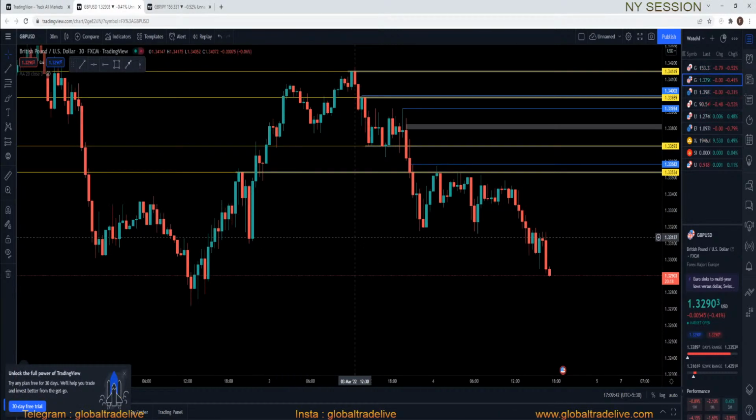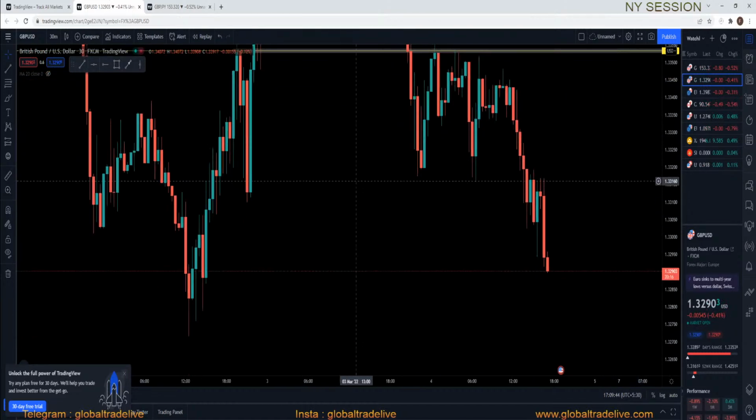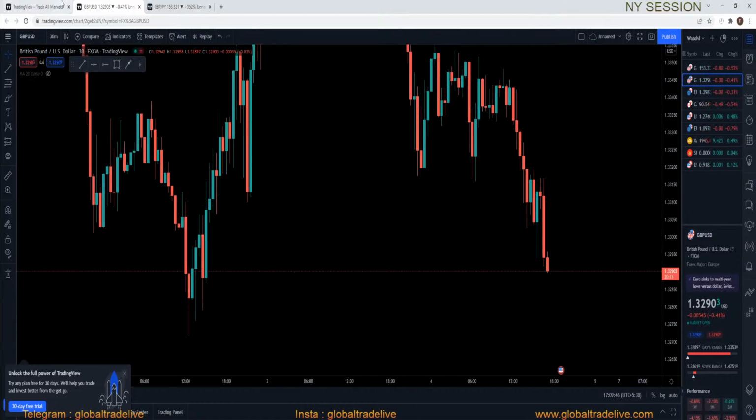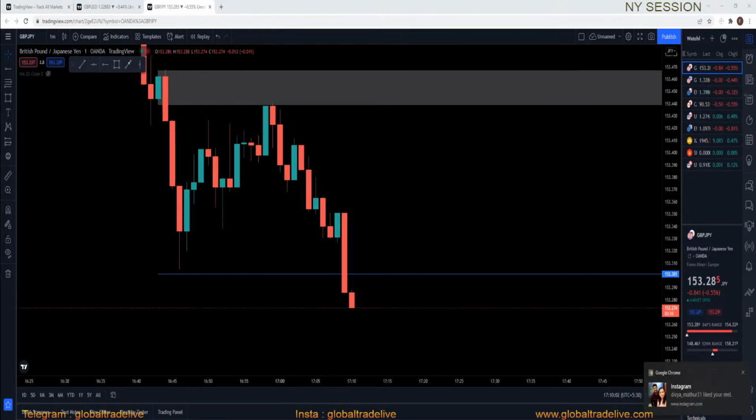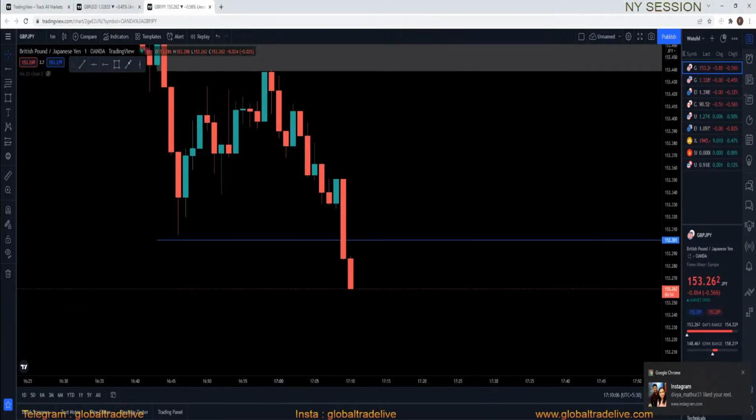So it's coming down over here. Okay, let's keep our eyes on it. Just took a sell trade at this point. The trade is running in 2.5, 3 pips. Oh, really nice.